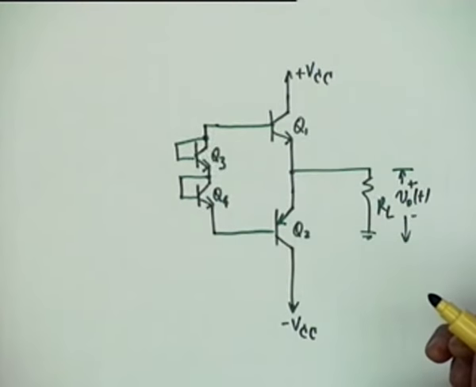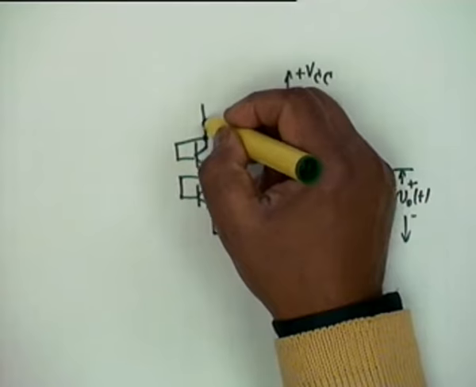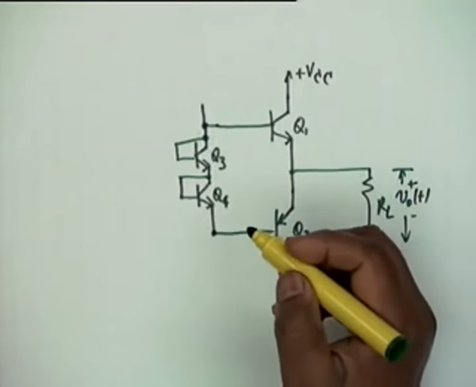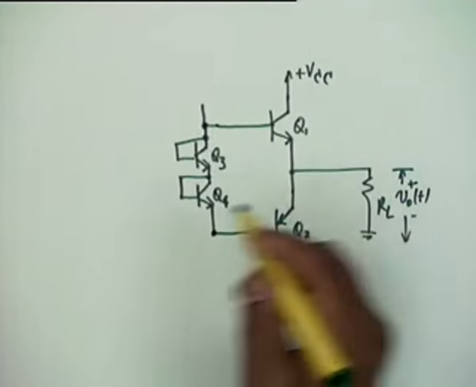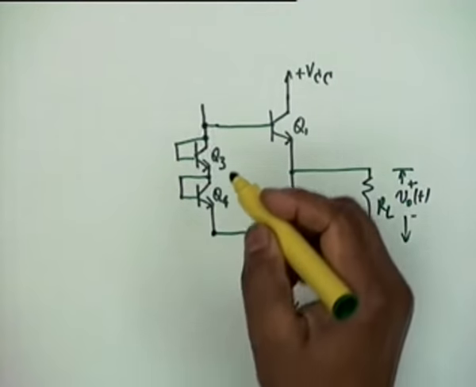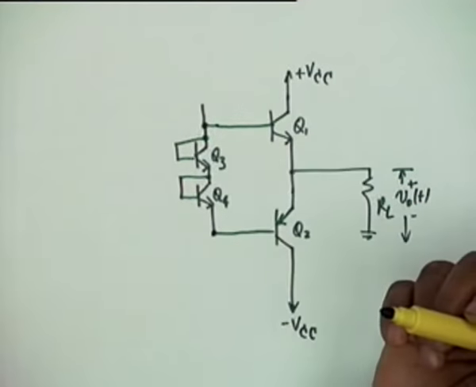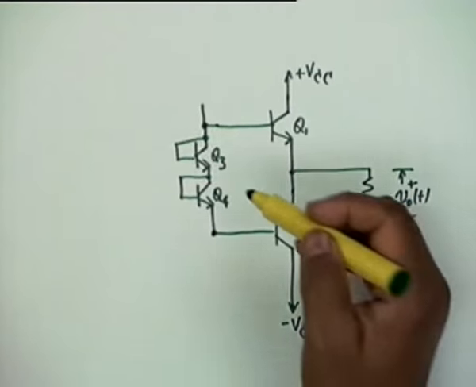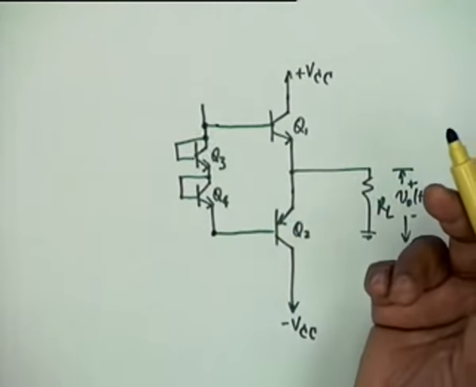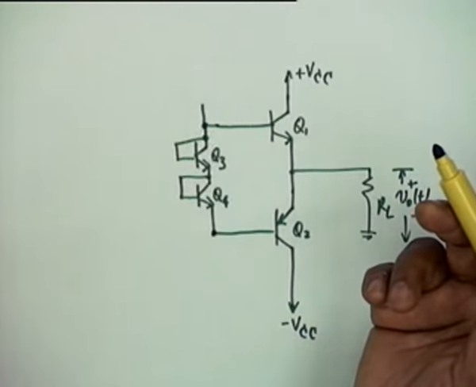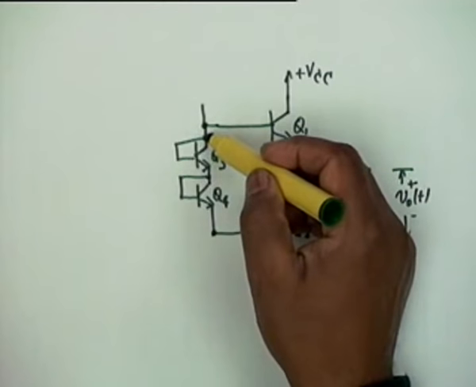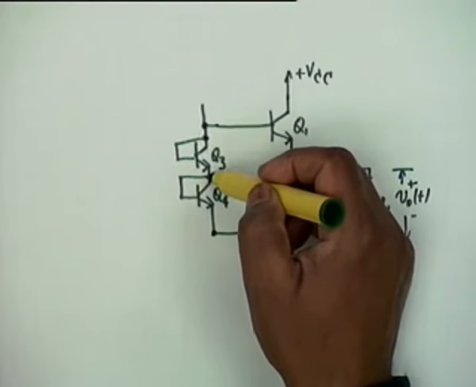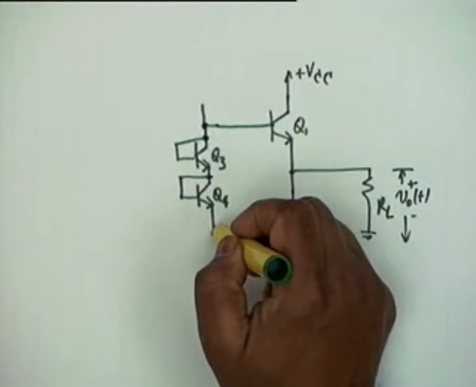And if somehow or other we can keep these two diodes at 0.7 volt, that is, if we can keep Q3 and Q4 in the active region, then the drop from here to here would be plus 0.7, the drop from here to here would be plus 0.7, and that achieves what we want to achieve.